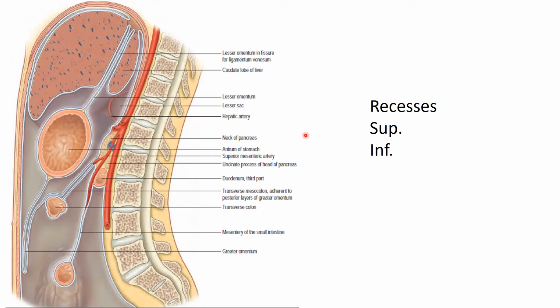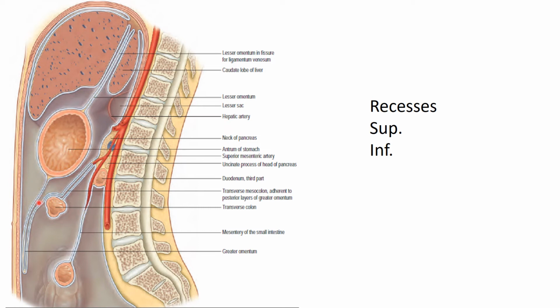Now about the recesses of the lesser sac. There are three: superior, inferior, and splenic. The superior recess, shown here, lies cranially between the liver, the abdominal part of the esophagus, and the right hemidiaphragm. So this portion forms the superior recess.